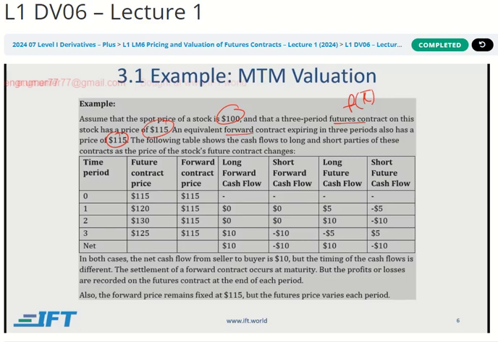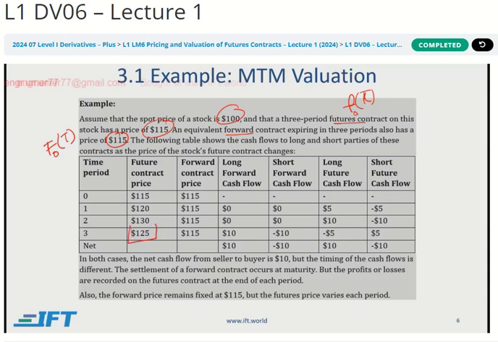So you're basically getting into a contract where the futures price being locked in is 115, and the forward price being locked in is also 115. Now if the asset goes above 115, it will be a profit for the long party, and if it goes below 115, it will be a profit for the short party.